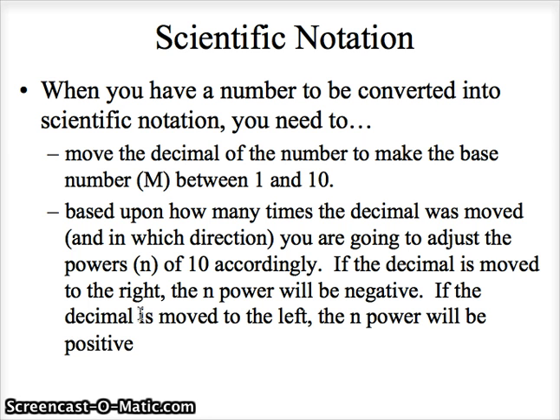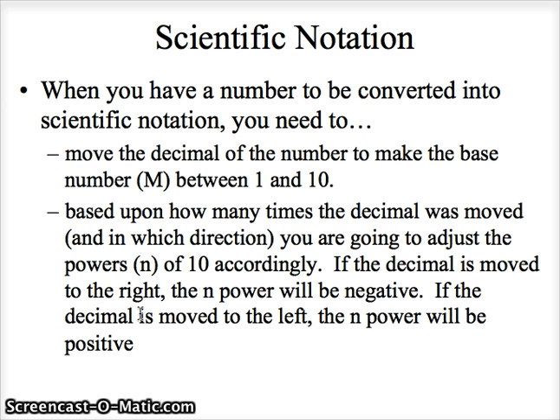If the decimal was moved towards the right, basically making a really small number into a whole number, the power n will be negative. If the decimal is moved from the right to the left, making a large number into a smaller value for the base number, the power n will be positive.